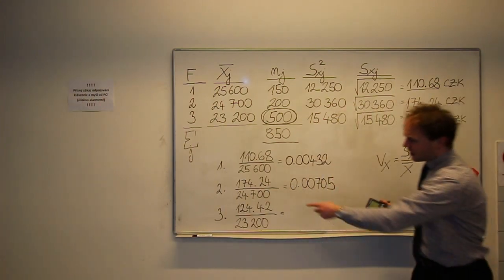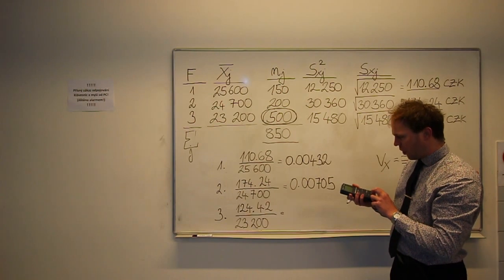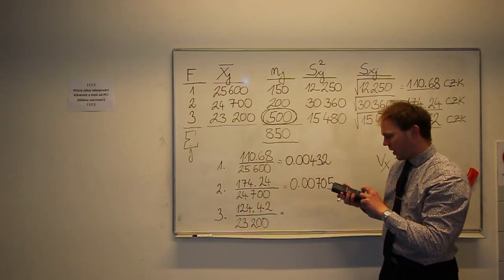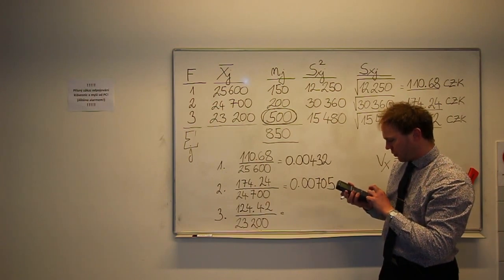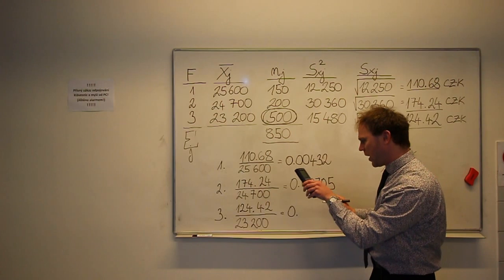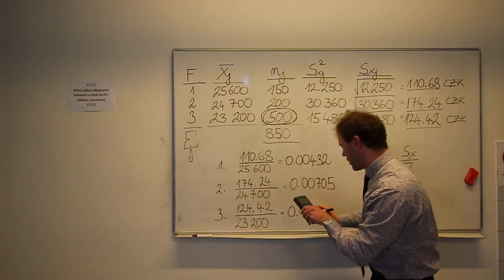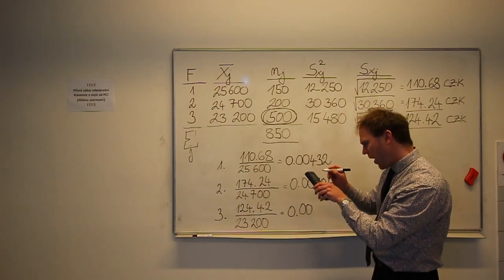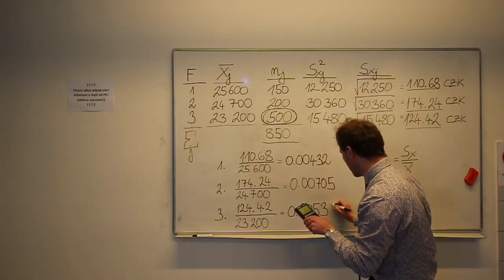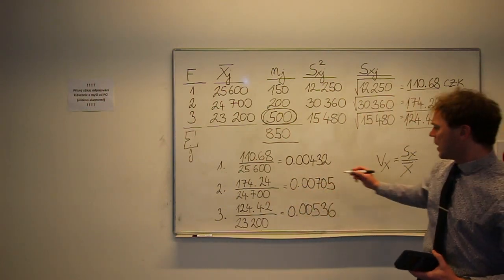And finally 124.42 divided by 23,200 is 0.00536.